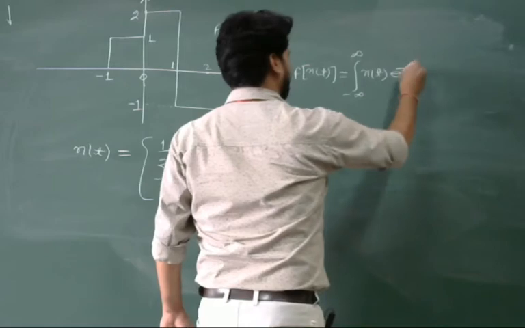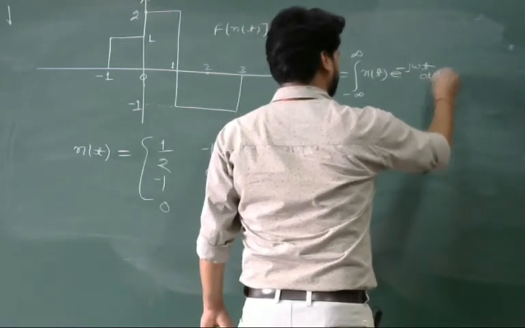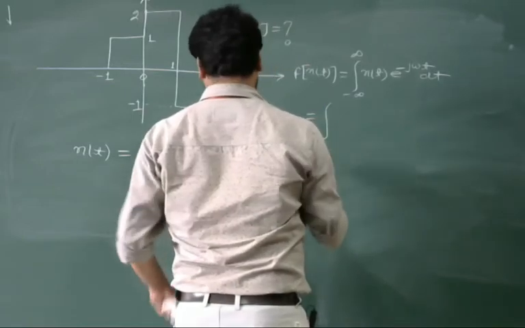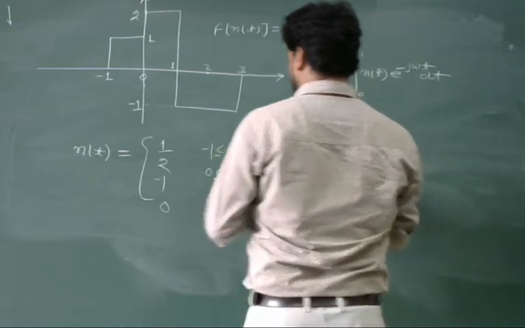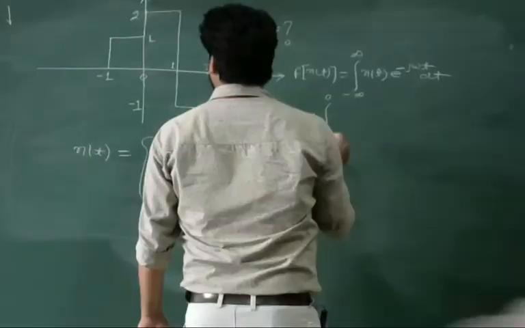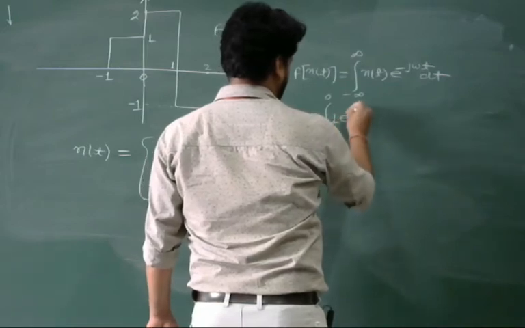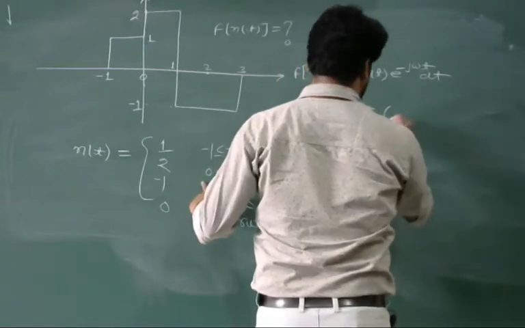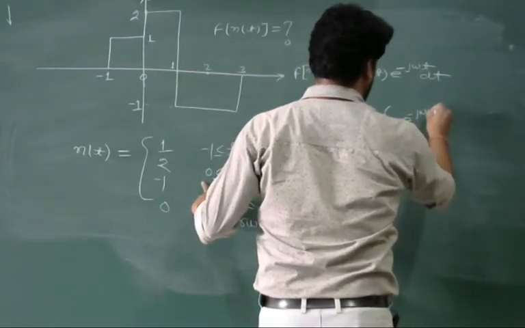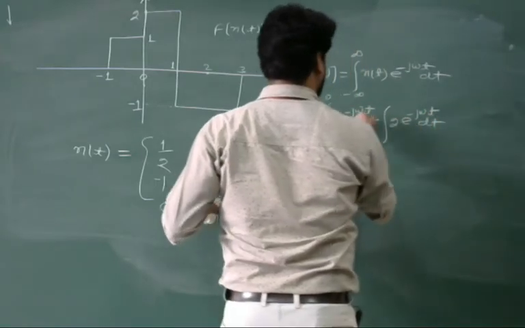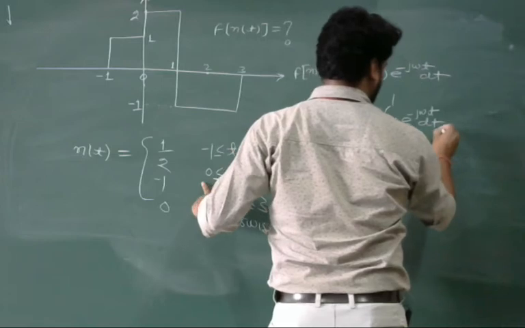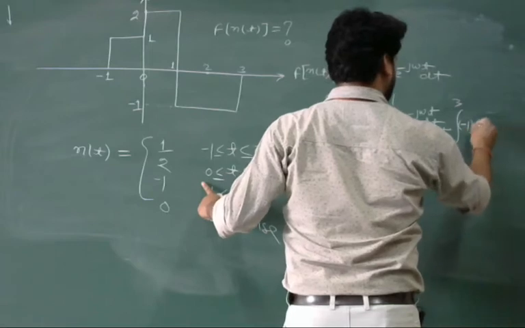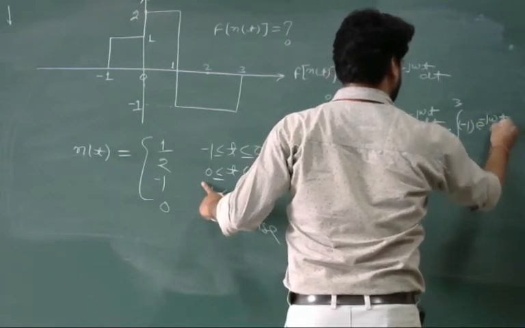e power minus j omega t dt. I will break the limit in three parts: from minus 1 to 0 it is plus 1 e to the power minus j omega t, and from 0 to 1 it is plus 2 e power minus j omega t dt, and from 1 to 3 it is minus 1 e power minus j omega t dt.